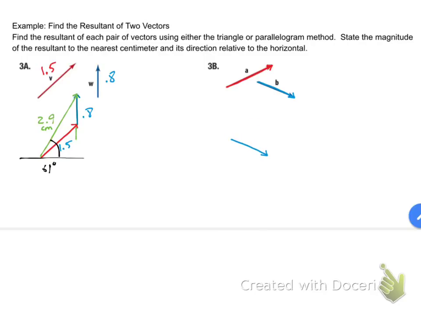I'm going to come up here, grab an A, copy, paste, and I'm going to place the tails together, yes? Now I'm going to place the B value, another B, at the end of A. It's kind of like tip to tail, but alternating their colors. So you should be able to do something like this with your own colors.